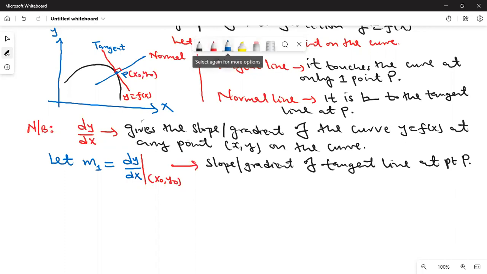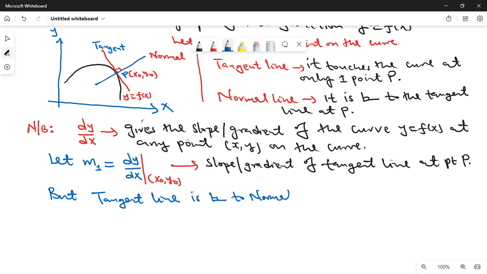But what do we know? The tangent line is perpendicular to the normal line. You can see from the diagram and from our definition.